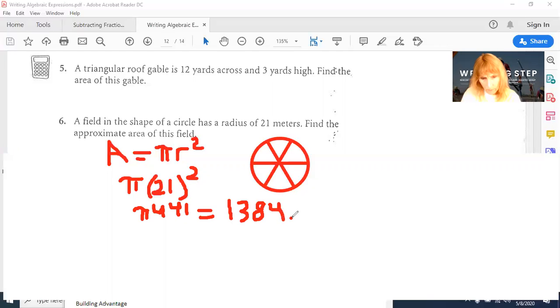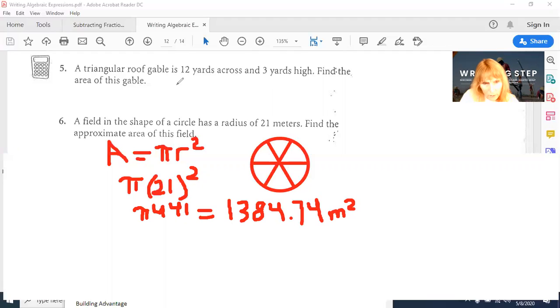Now remember, it's never exactly right because pi is not a rational number. And this is meters squared. Whenever you're talking about area, you're talking about square meters or meters squared. Okay, that's number 6. That's an example with a circle.